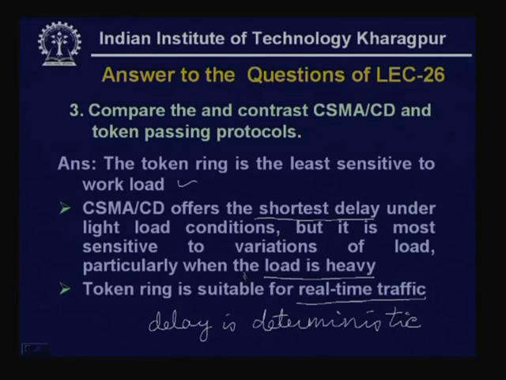So, it is not guaranteed that a particular packet will be delivered. That is why, because of the deterministic nature of token ring, it is suitable for real time traffic. On the other hand, for non real time traffic, under lightly loaded condition, CSMA/CD protocol is better.